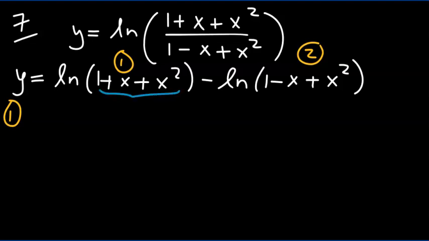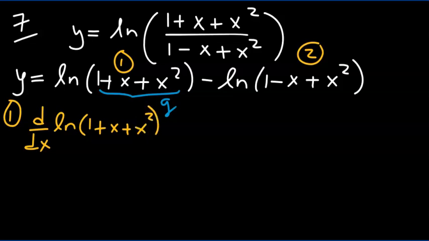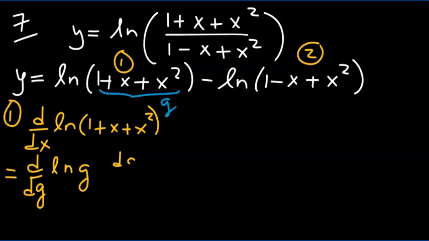Let's call the quantity in the bracket g. So d over dx, natural log of 1 plus x squared, is d over dg, natural log of g, times dg dx.